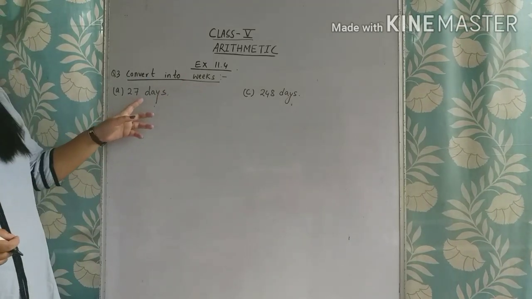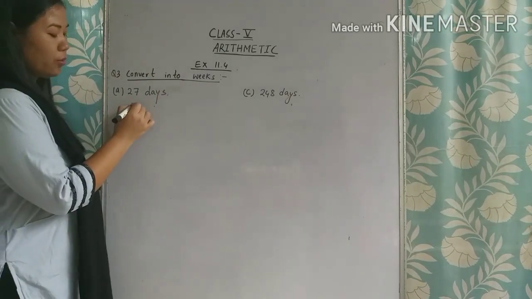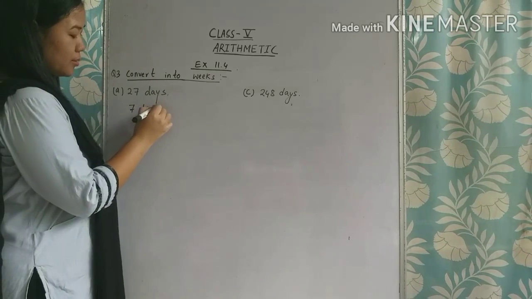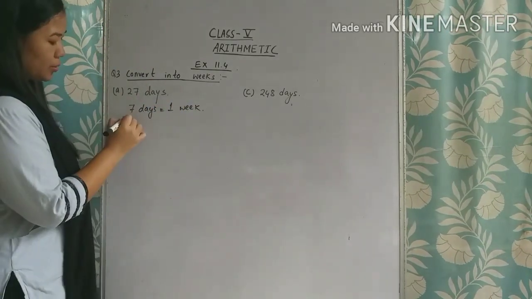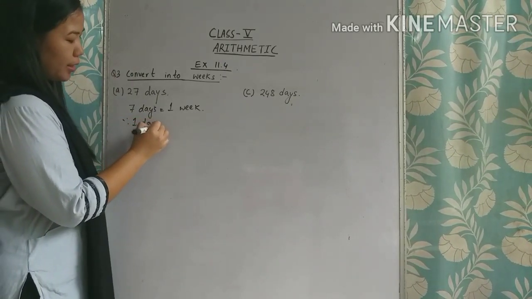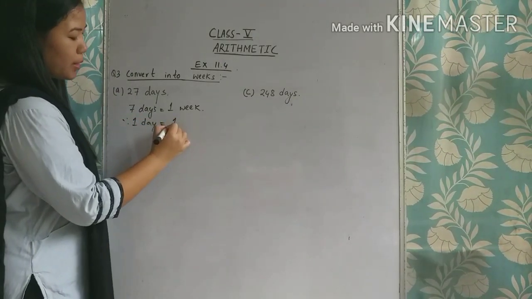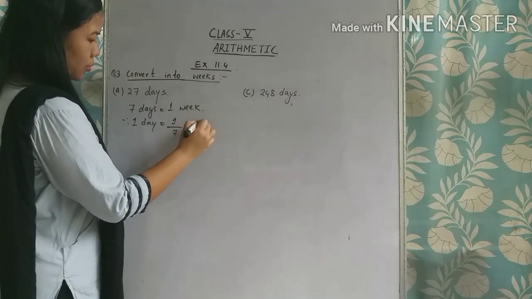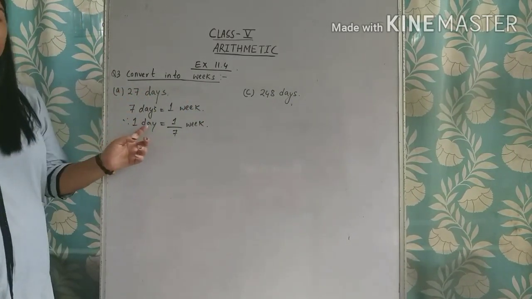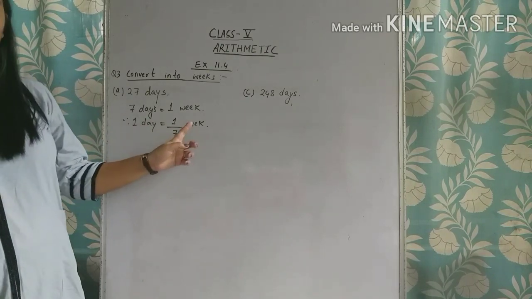Now let us solve question number 3, convert into weeks. The first question is 27 days. We know that 7 days is equal to 1 week. Therefore, 1 day is equal to 1 by 7 week.